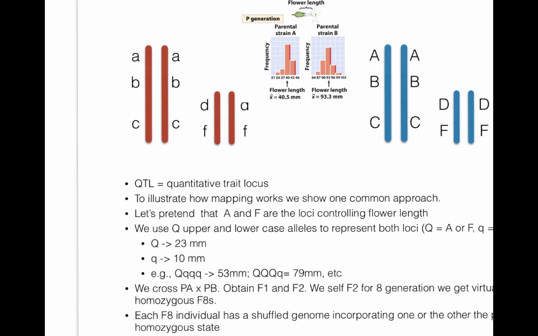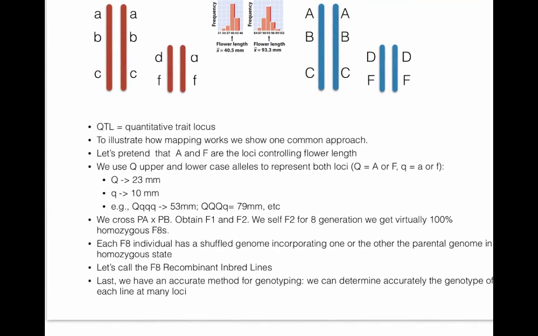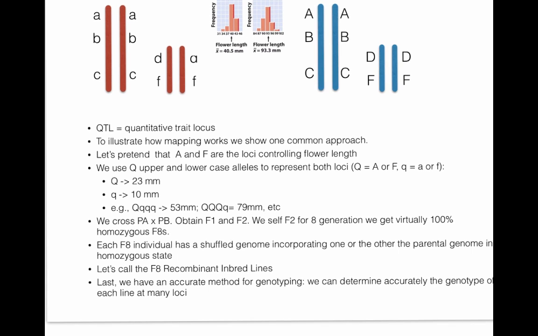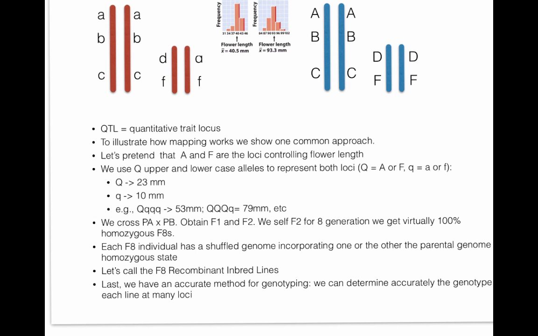And after a number of generations, we would find that we have reached a high degree of homozygosity. However, because in this line we have undergone recombination, each line generated through the process of inbreeding would be different from the others. So these are recombinant. They are inbred, and they are lines, so we can call them simply recombinant inbred lines. Sometimes this is abbreviated as RIL.